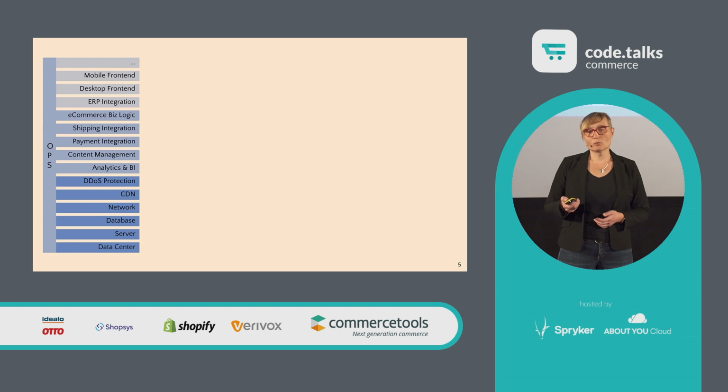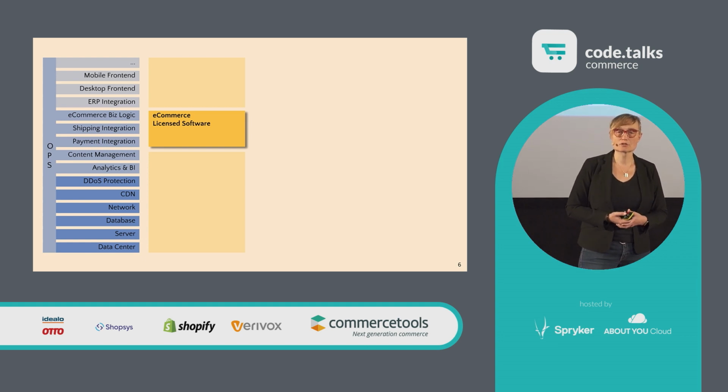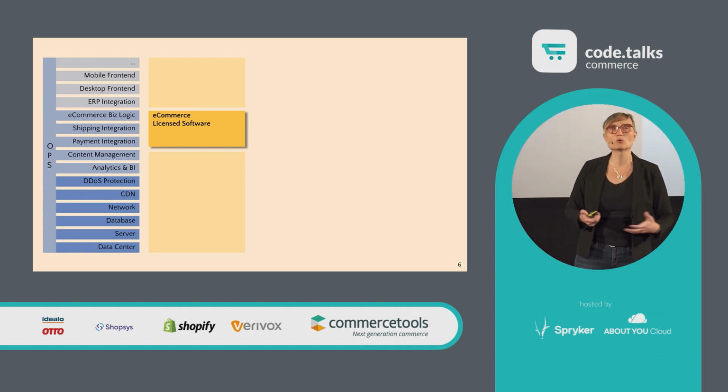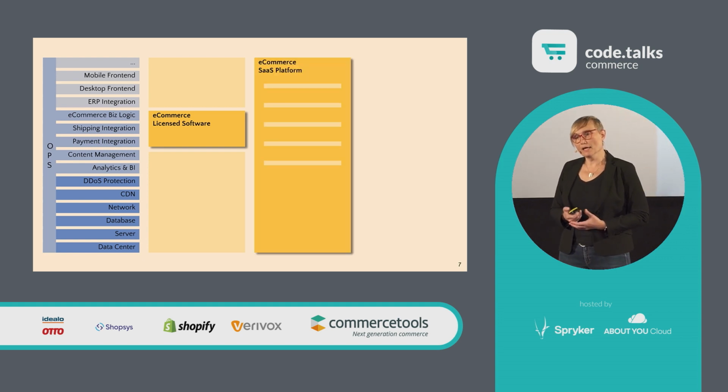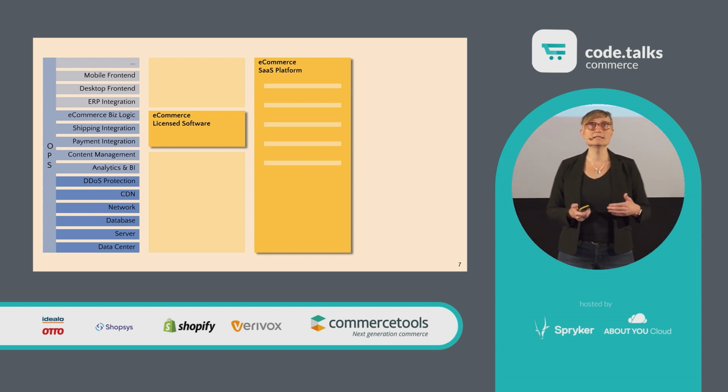What the licensed software does is basically cover only the e-commerce software package: the e-commerce business logic, shipping integration, payment integration. In my example it can be a little bit more, but it's the core business logic. An e-commerce platform is a complete end-to-end stack.